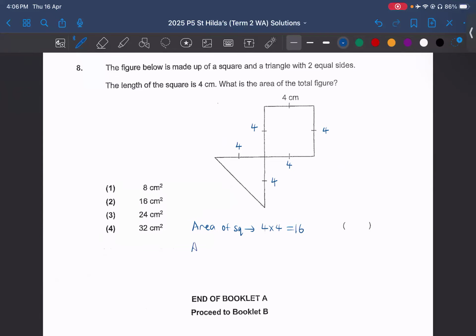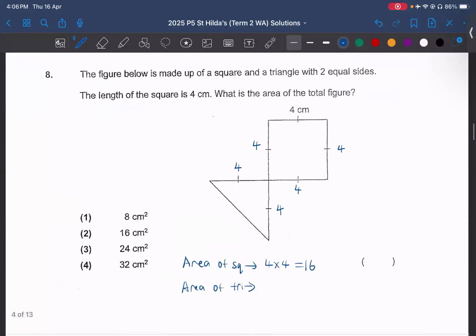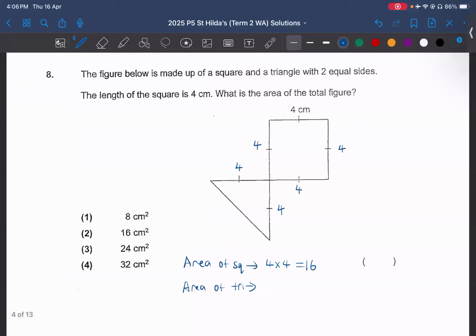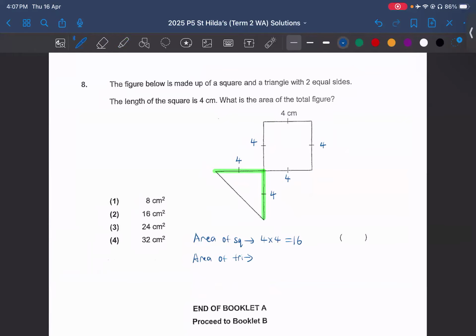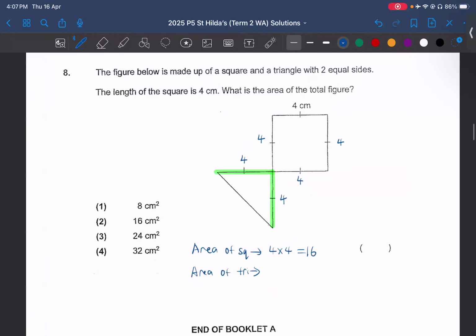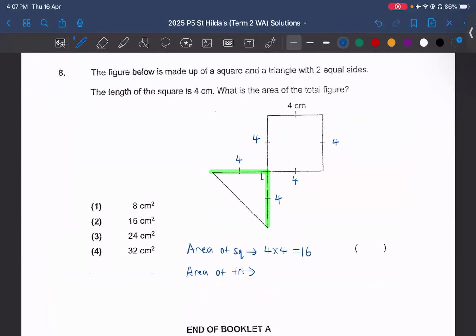And then the area of my triangle in this case, since you know that this side here and this side here is the same length, it means that this is kind of like a right angle isosceles triangle. So here is the isosceles triangle.